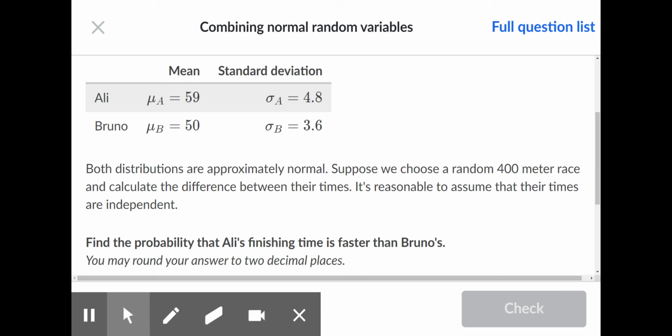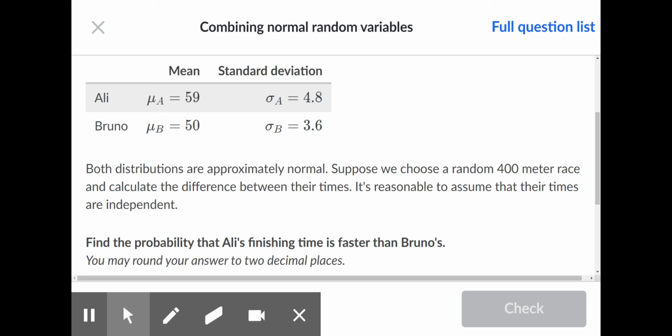So in a normal distribution for this random variable D, which is A minus B, the mean is 9.